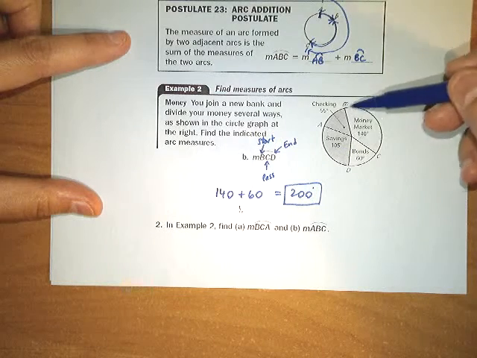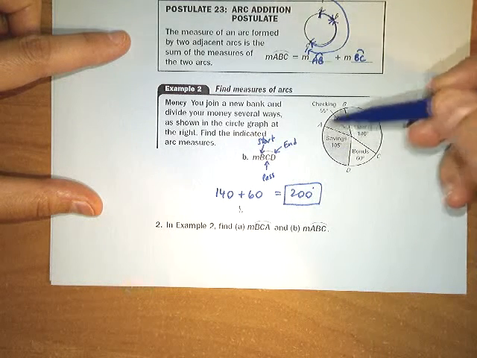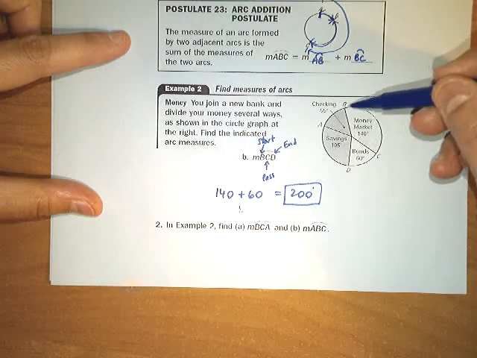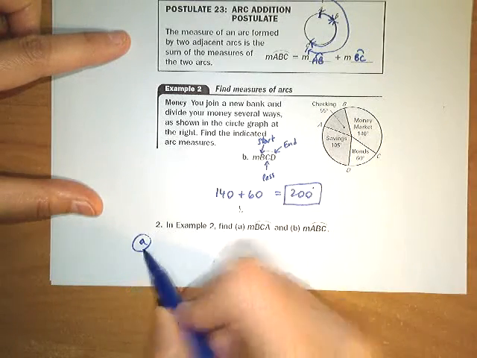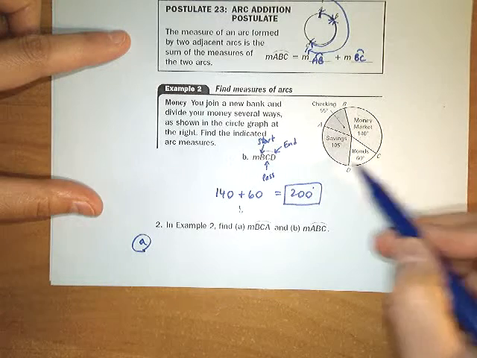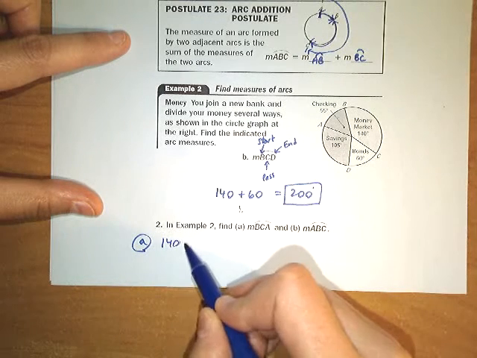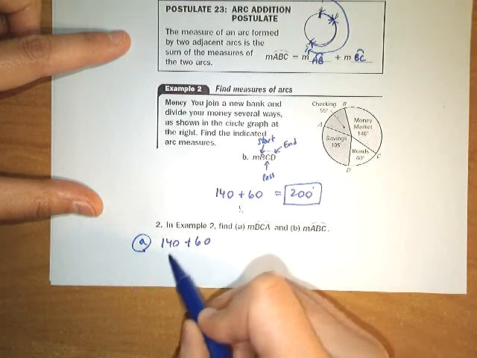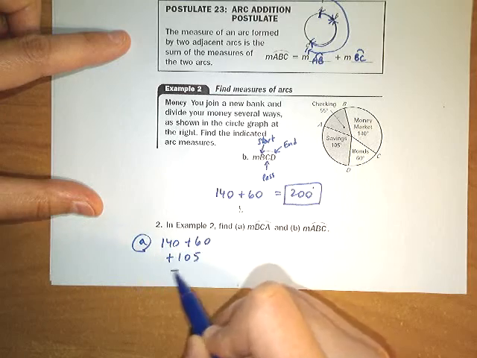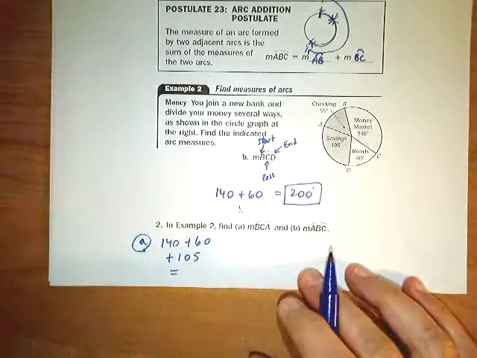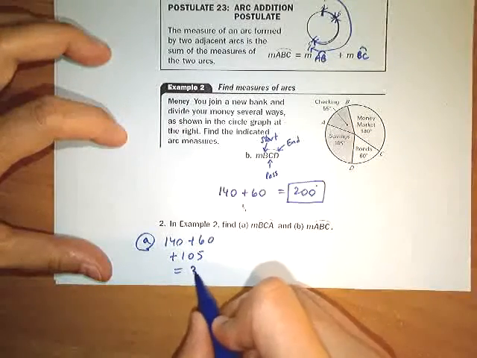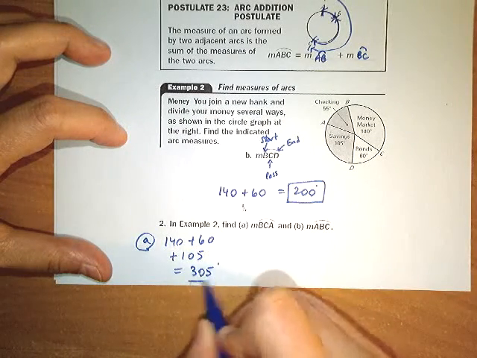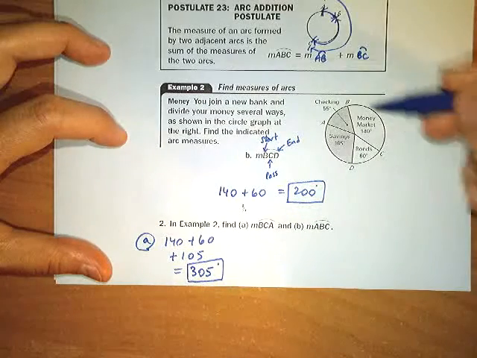If I want to find BCA, wow, that's a long one. So starting at B, going past C, and ending at A. That would be these three sections here. So 140 plus 60 plus 105 gives me a total length of 305 for BCA.